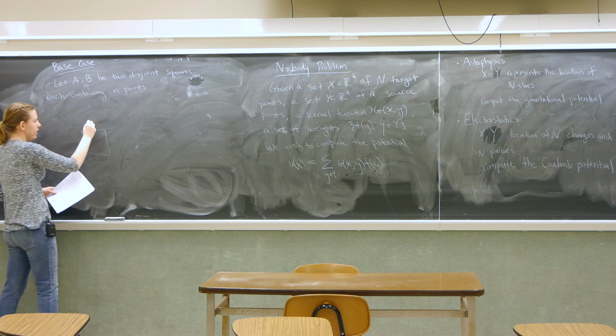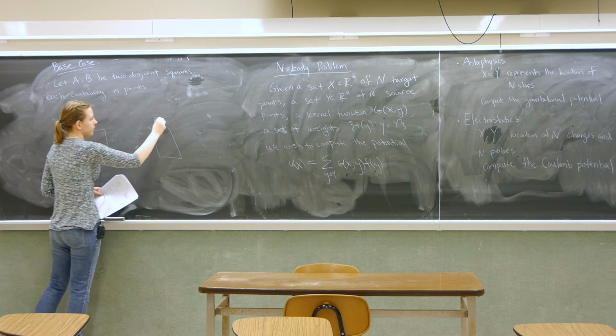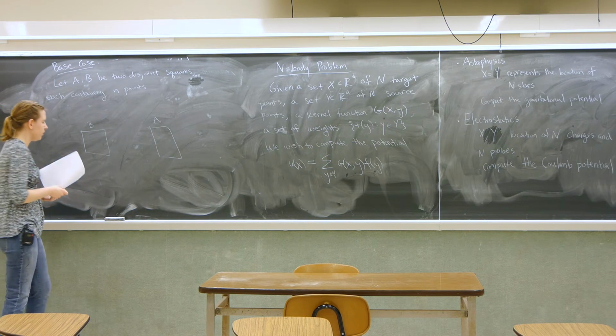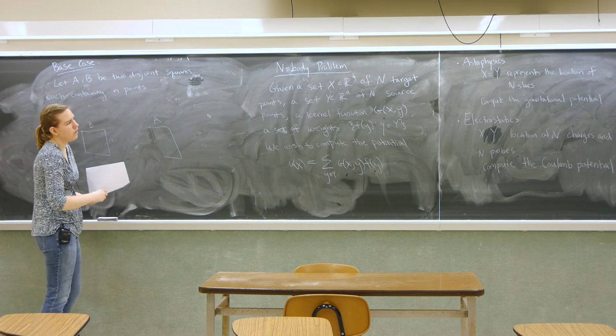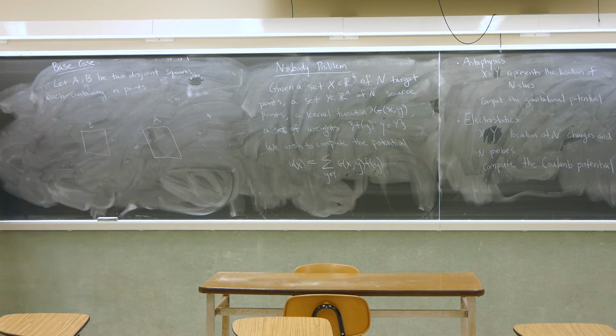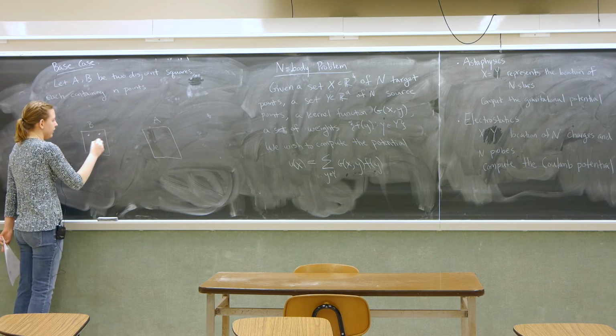Okay, so here's B and here's A. That's supposed to be a square. So we can think of B and A also as X and Y, as you have written on the right-hand panel. So two squares, and they have the same number of points.